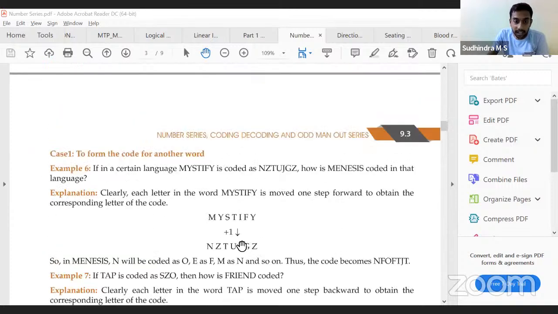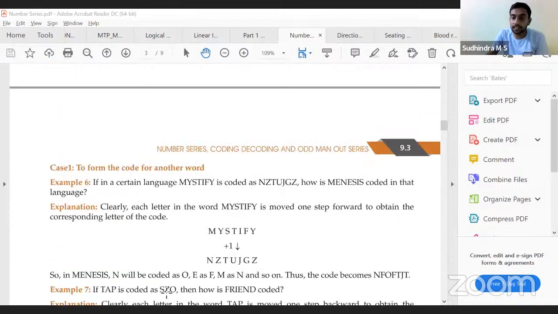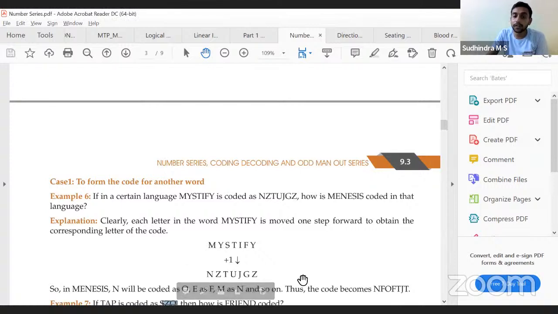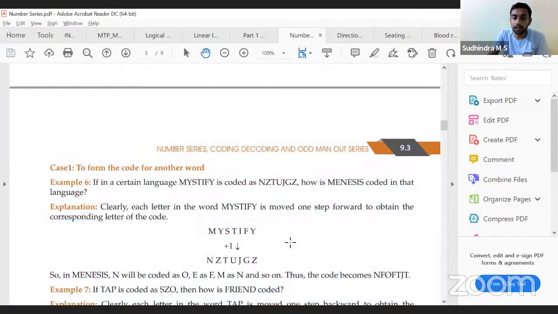Next, if tap is coded as SZO, how will friend be coded? What is the logic here? Previous letter. For T, they are saying previous S. A, previous Z, right?